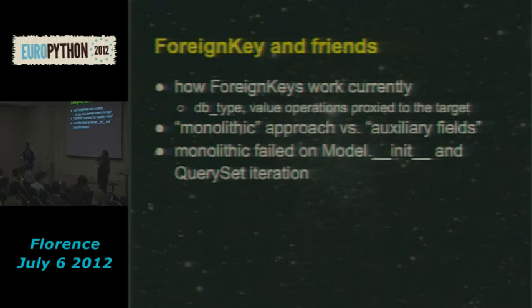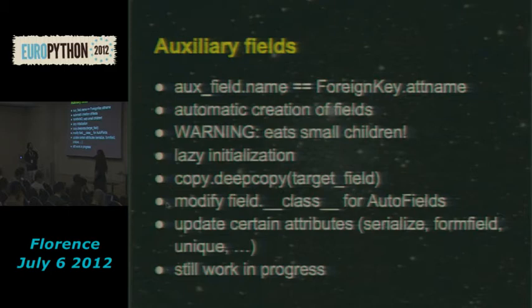Instead, we tried to refactor foreign keys, to turn them into a virtual field, which really only handles the relationship stuff, and to store the local value, it uses an auxiliary field in the local model. So how this works is that you may know foreign key and one-to-one field are basically the only field types whose attribute name doesn't match their name.